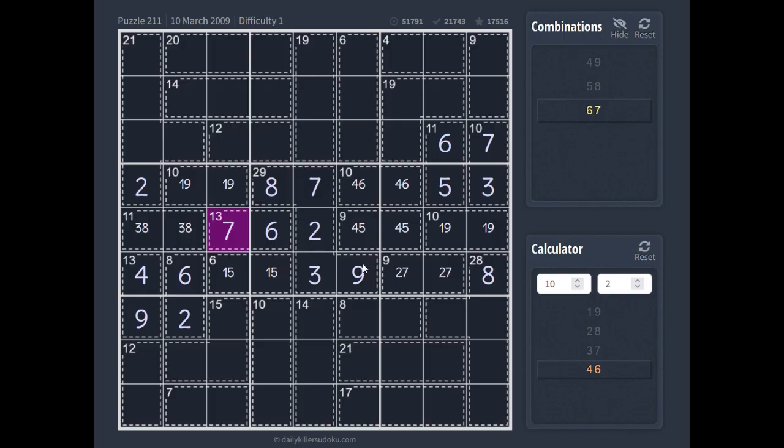Now, if we look at box 2 and box 8, I think it's obvious that we have 25 here, which leaves 20 there. So I'd like to do the 20 there with the 3 and take a look at what my options are.